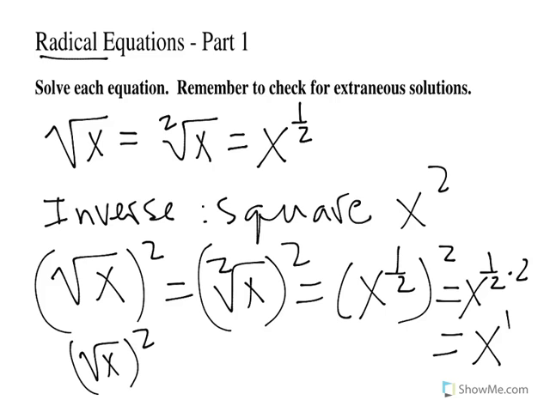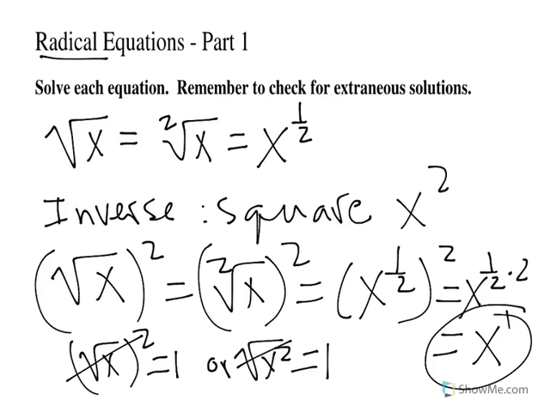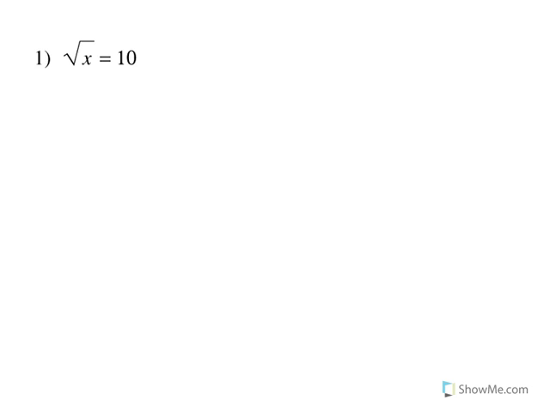Normally we would say that the square root and the square cancel out, or the square root of x squared also cancels out, to 1. Oops, my mistake, not 1, but x. Sorry about that.